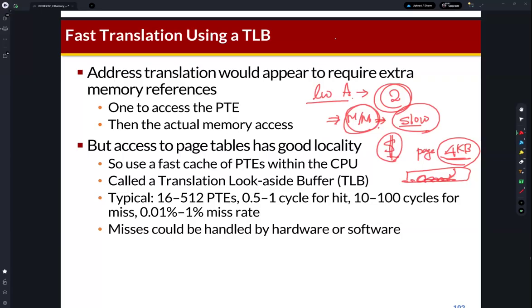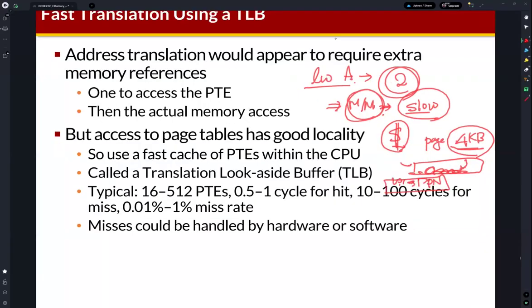And it is a good approach because, as I mentioned, this access from virtual page number to physical page number exhibits very strong locality.